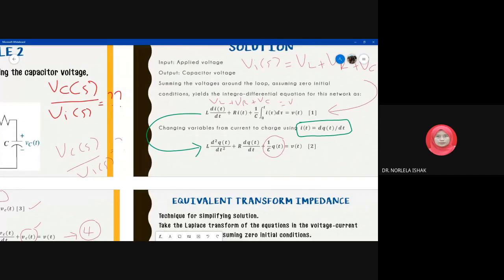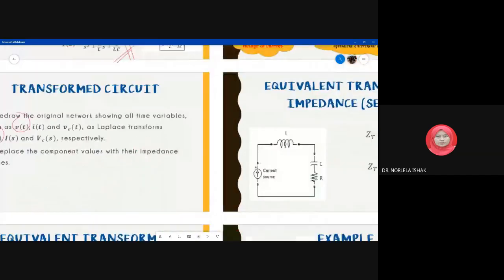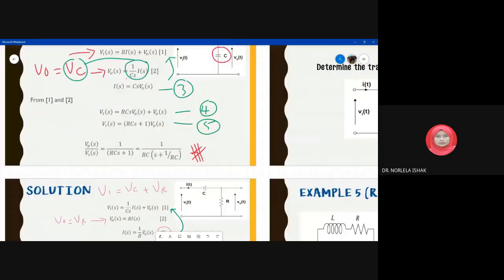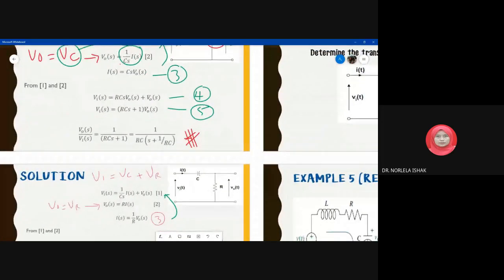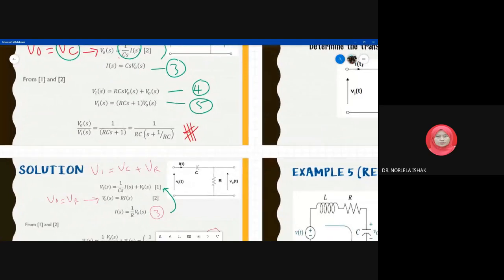So we have two methods to analyze the circuit before you define the transfer function. We use the differential equation, or the other one, we use the impedance.